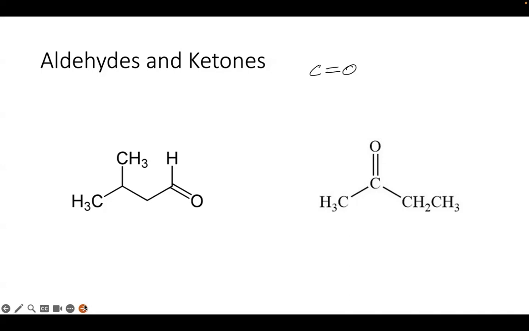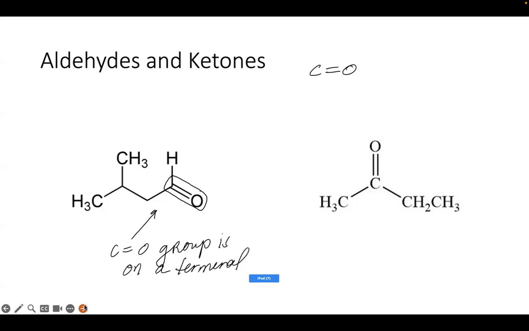The only difference is an aldehyde contains this C double bonded to an O on a terminal carbon, meaning it's the last in the chain. And a ketone has this C double bonded to an O on a middle carbon.